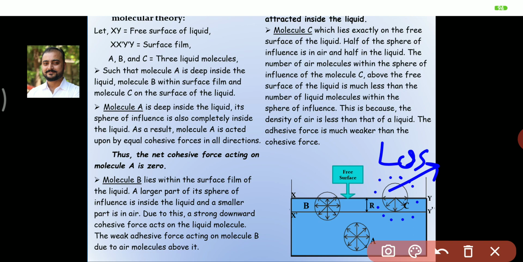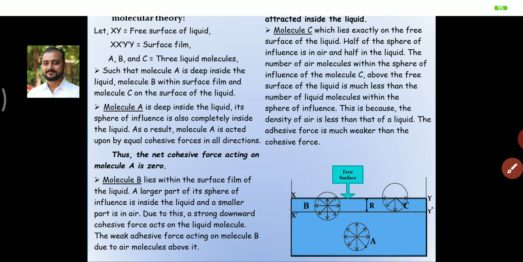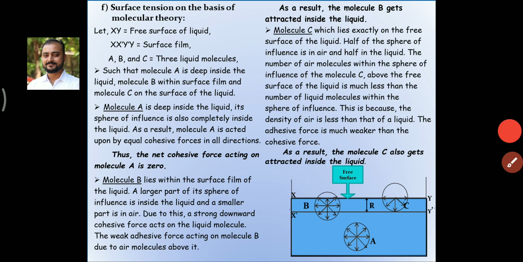So by both conditions, as the air molecules are fewer in number and the adhesive force is weaker, the molecule C also has a downward pull. That is a simple thing. As a result of this, the molecule C also gets attracted inside the liquid.